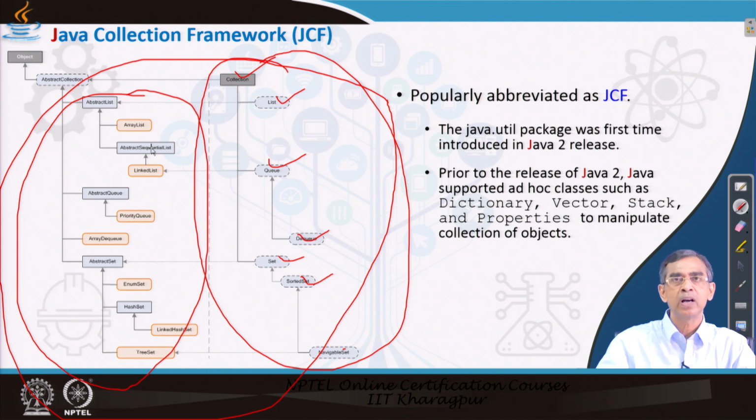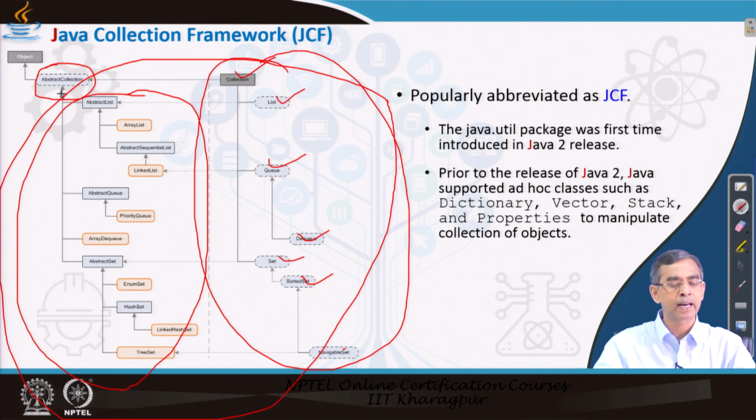Now, if we see all the classes, they again have a certain class hierarchy, that means some classes inherit from other classes. There is an abstract collection class, which is basically the superclass of all the collection classes. Again, it is derived as abstract list. Abstract list provides array list and linked list.